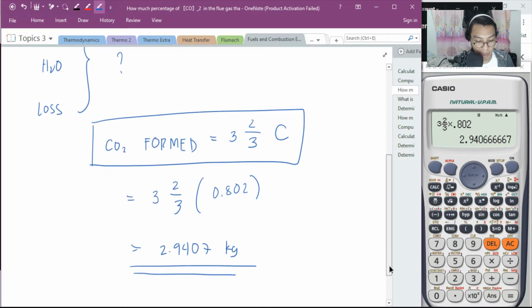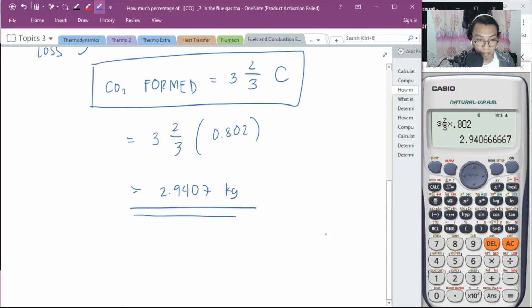Ang problema mo dyan, hanapin mo yung total mass. Okay, yung total mass. Yung weight of the flue gas, hanapin mo dun sa air fuel theoretical. Air fuel theoretical equal to 11.45 o 11.5.